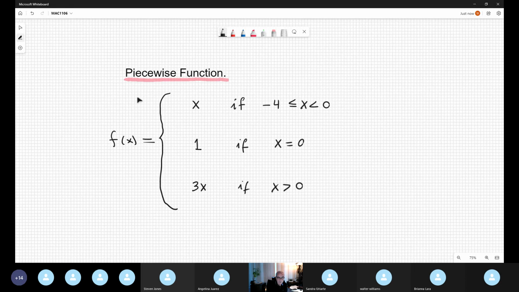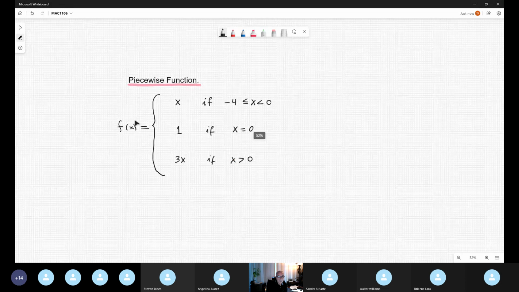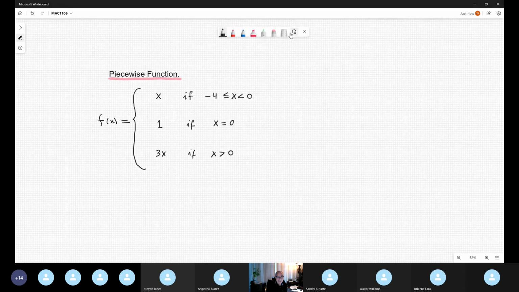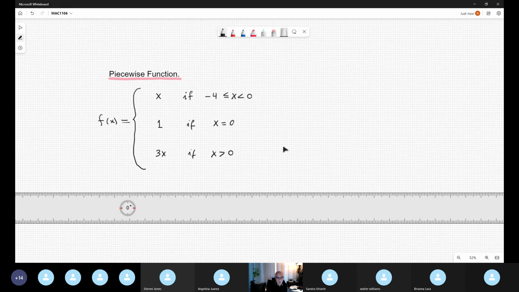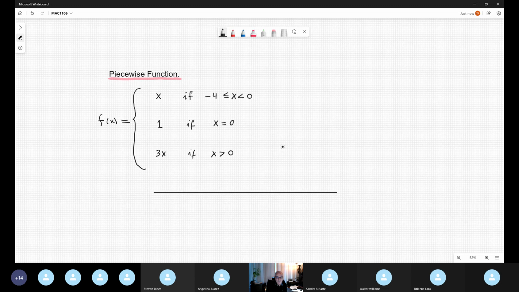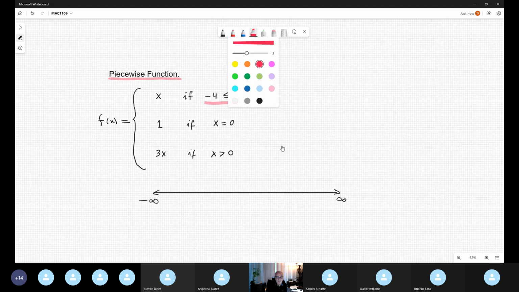What is the interpretation of that? The interpretation is, this is my famous ordinary number line. Positive infinity, negative infinity. However, we have inside these 3 intervals. This interval, red color.